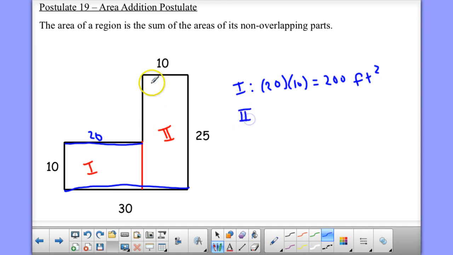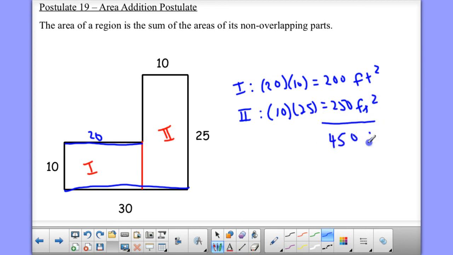And for region 2, we have a rectangle that has a base of 10 and a height of 25. So region 2, we would do 10 times 25, and we would get 250 square feet. So the total area for my living room and dining room combined would be 450 square feet.